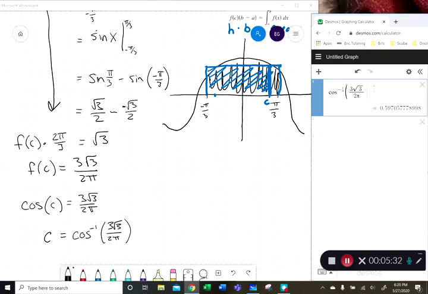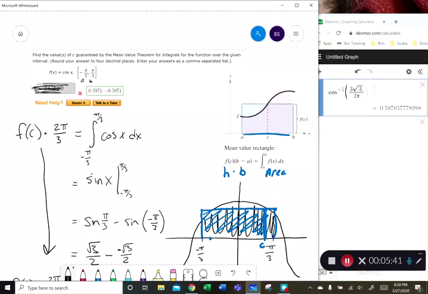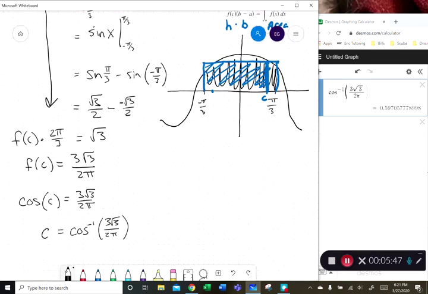Now, the directions say round to 4 decimal places. If we go back up to the original problem, round your answer to 4 decimal places. So one value of c would be 0.5971, and that's in radians.